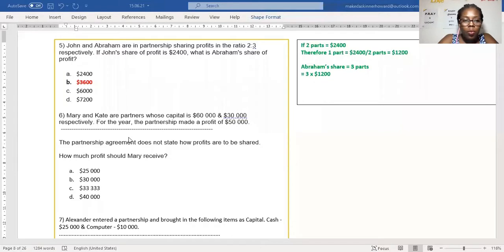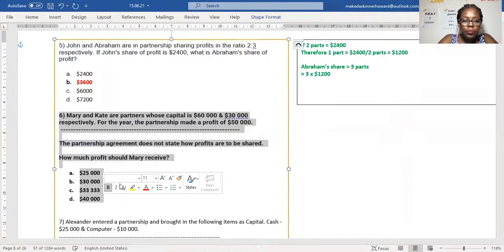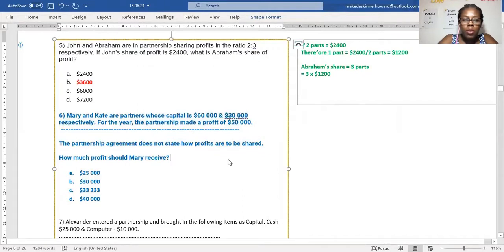All right, so Mary and Kate are partners whose capital is 60,000 and 30,000 respectively. For the year, the partnership made a profit of 50,000. I'm reading number 6, the portion I highlighted in blue there.